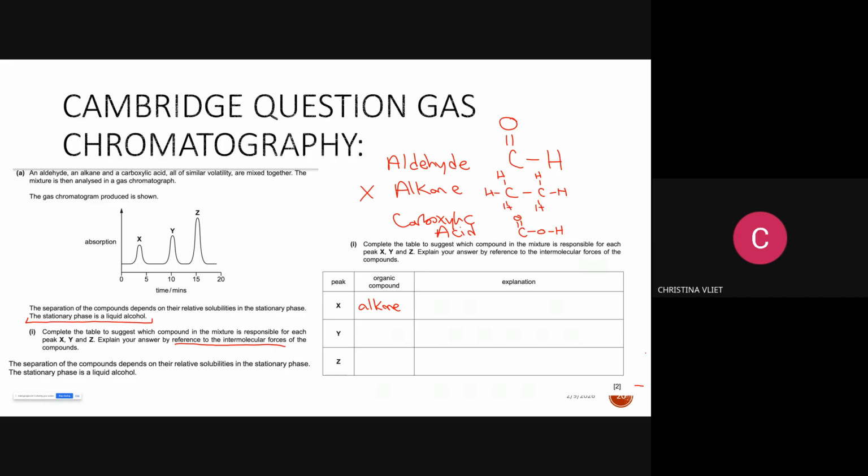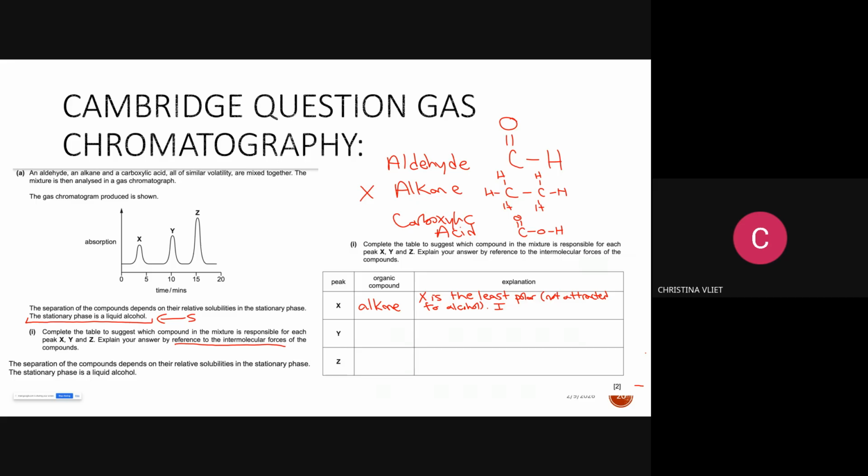So the idea is that X is the least polar, not attracted to the alcohol. The less soluble it is inside, the faster it goes. If it's soluble in the stationary phase, it goes slower. Soluble in the stationary phase means it's stuck with something that's not moving.